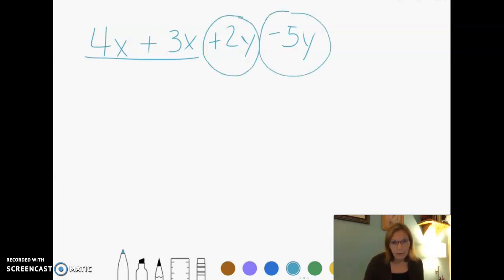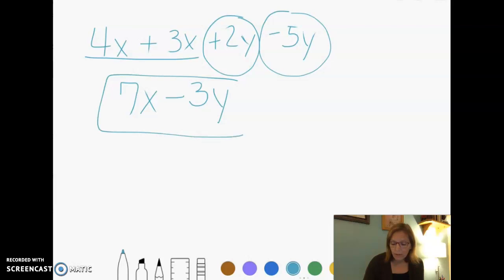So I'm going to do my x's first. 4x plus 3x is 7x. And then my y's. I have a positive 2y and a negative 5y. Signs are different, so I subtract. Don't forget your y. And the answer takes the sign of the bigger number. 5 is bigger and it's negative, so that's why I put a negative on the 3y. And you would stop there because you cannot combine an x and a y. They have different terms. Okay?